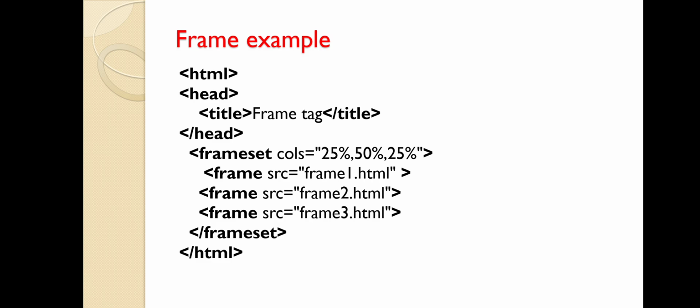Next, in the three columns, three files can be loaded: frame1.html, frame2.html, frame3.html. Those three files can be loaded into three regions. The frameset tag has a closing tag. The frame tag is a singular tag, there is no need to close it. In this way, the page can be divided into three columns.